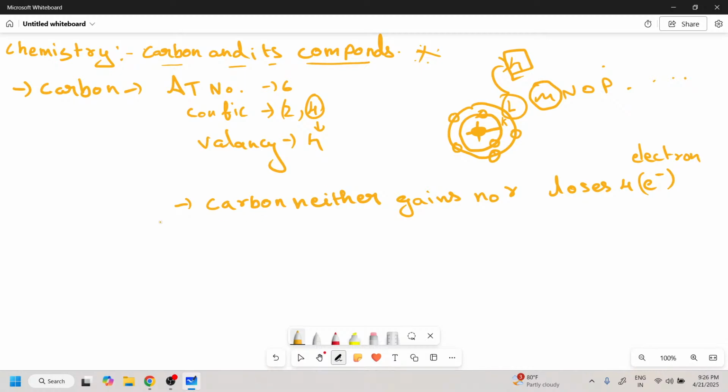So electron. See, the word which I'm going to write would be important in the answer. E minus, electron. So carbon neither gains nor loses 4 electrons to attain its noble gas.